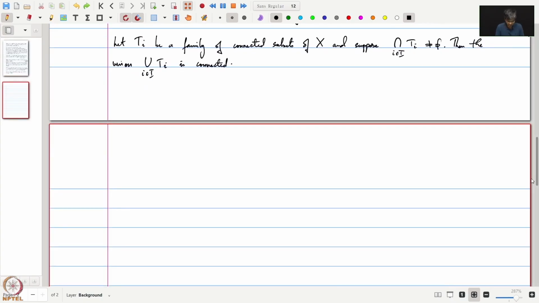So let's just try and prove it. So suppose the union is not connected, right?